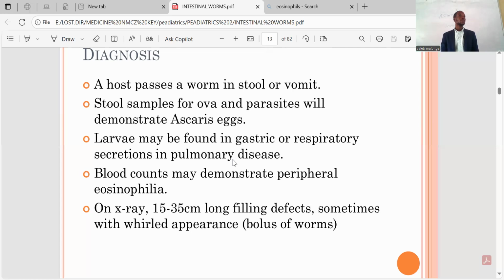Laboratory tests. Let's look at the laboratory tests under the diagnosis. We have full blood count, which may show peripheral eosinophilia.